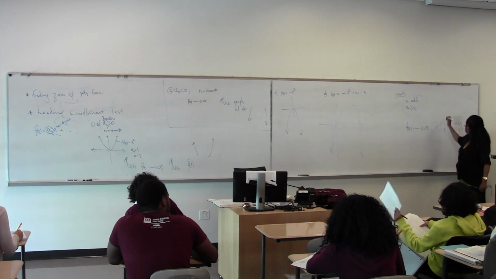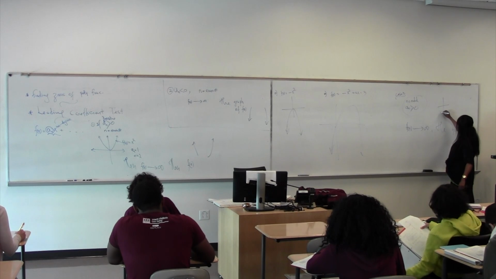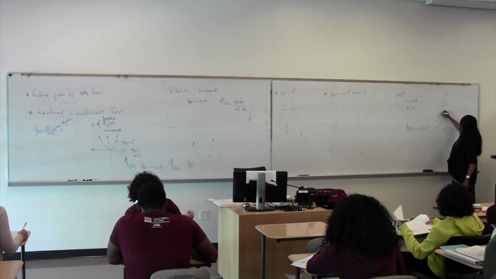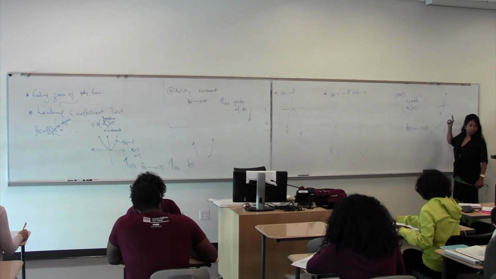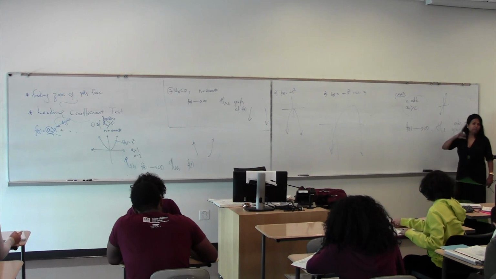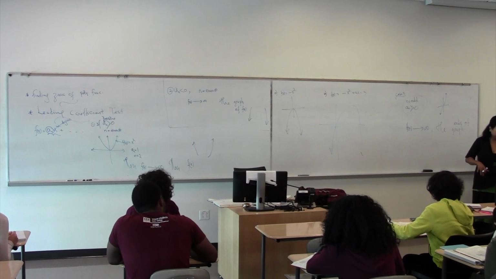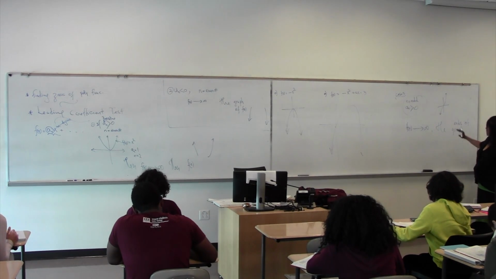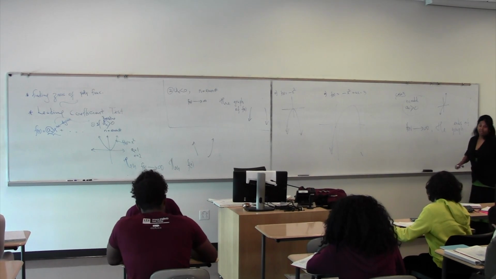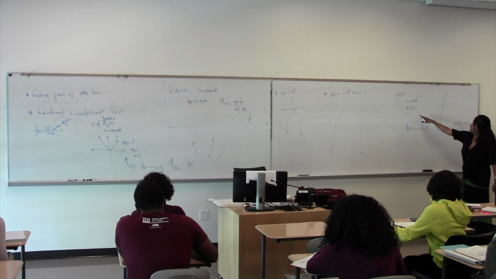Or remember for this one, you can always look at x to the power 3. I'm very comfortable with x squared and x to the power 3, so I look at the end behavior there, and it's the same end behavior for this.